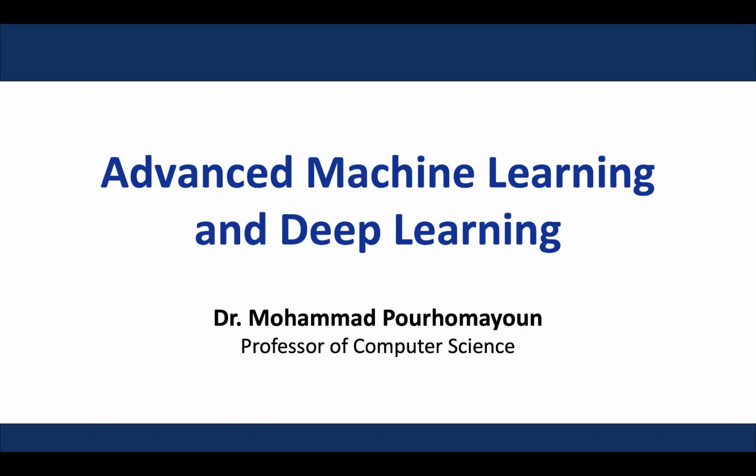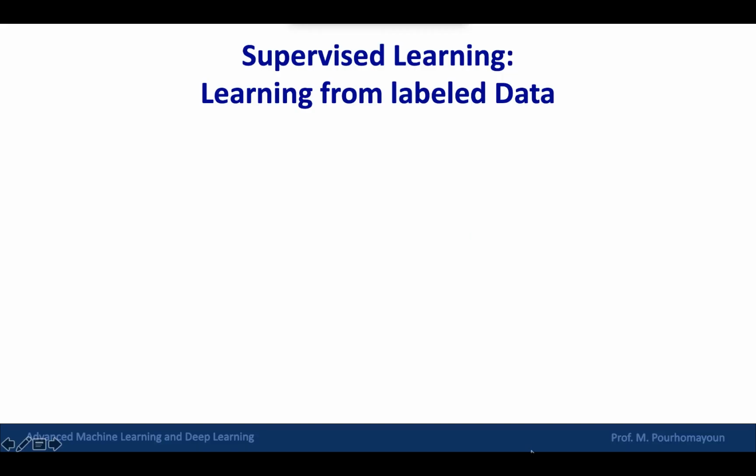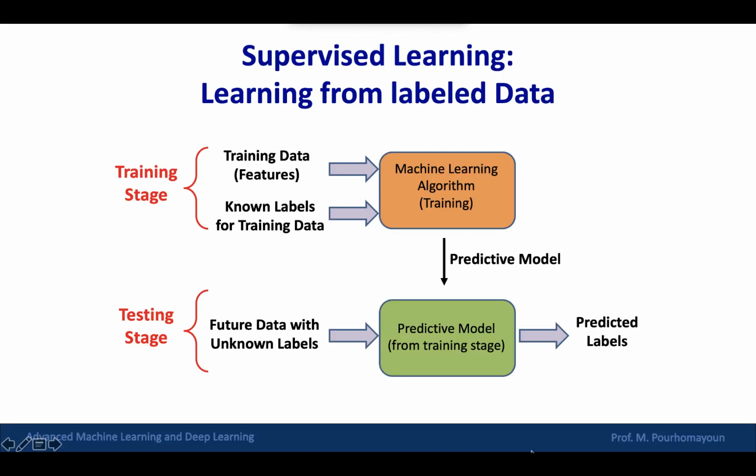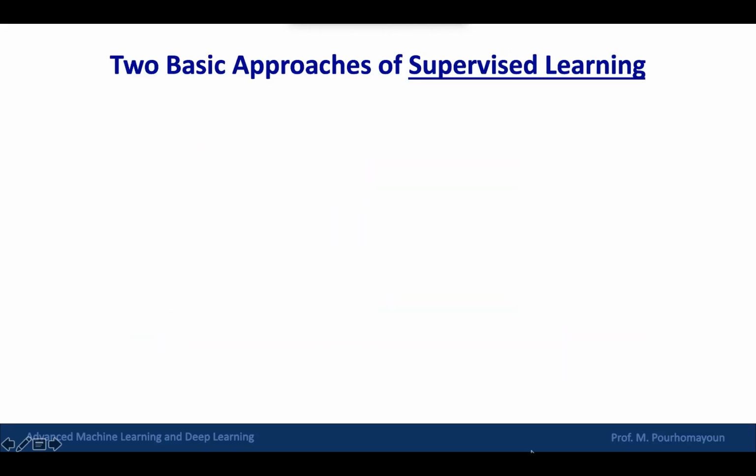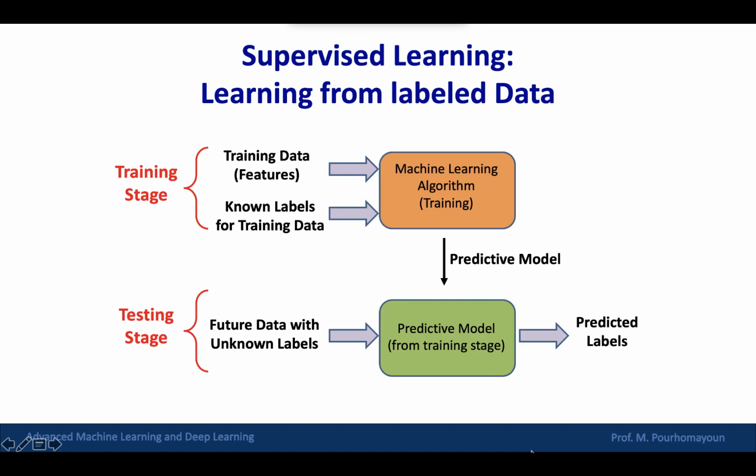Okay, let's continue our review of main concepts and topics. I talked about supervised learning. And again, remember, when you want to use supervised learning, this is the required part. If, for example, for your project, the data is not labeled, you cannot use supervised learning.